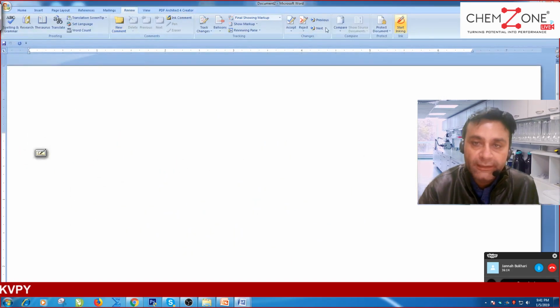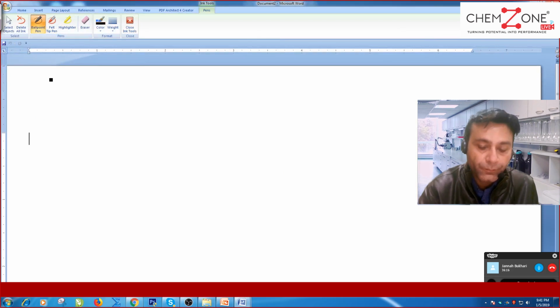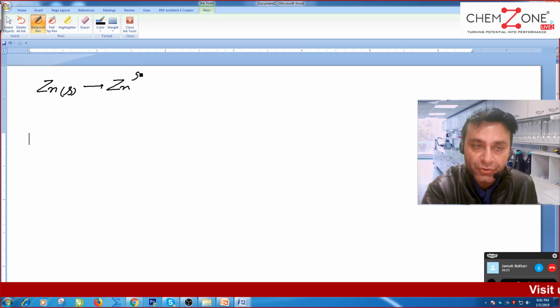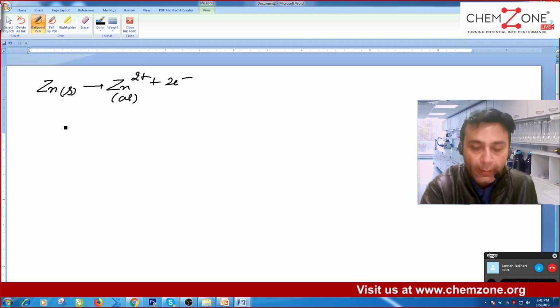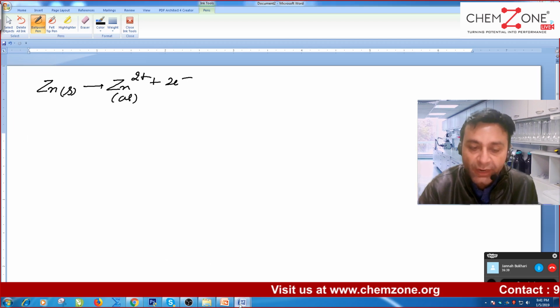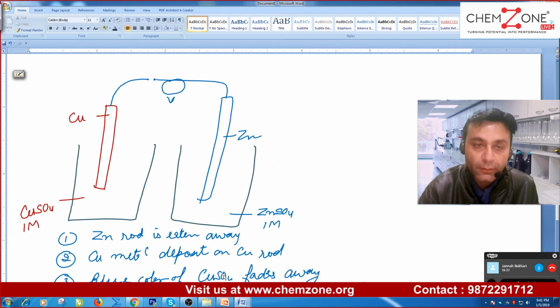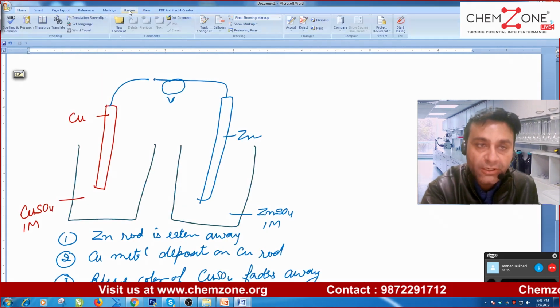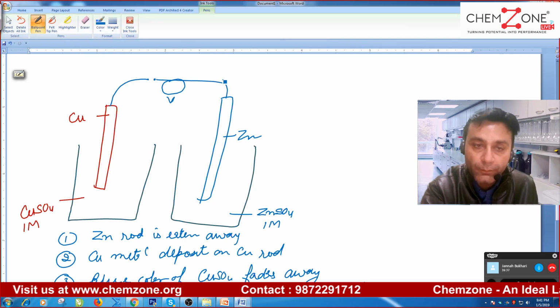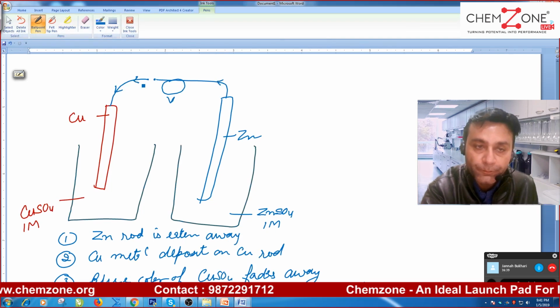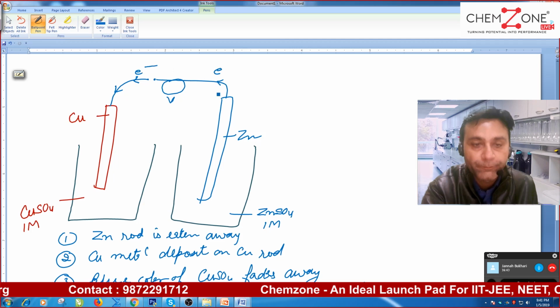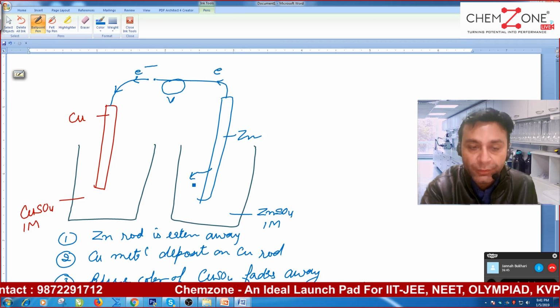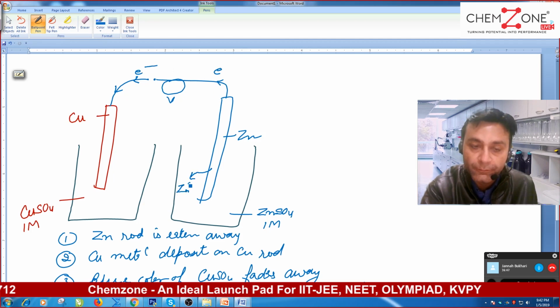It was proposed that zinc, which is solid, undergoes oxidation, and these electrons start traveling from zinc to copper, and zinc comes into the solution as zinc ions.